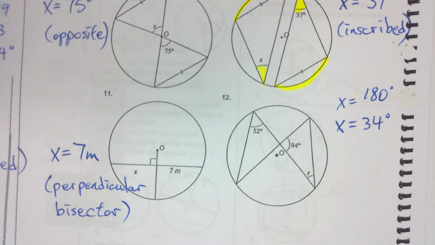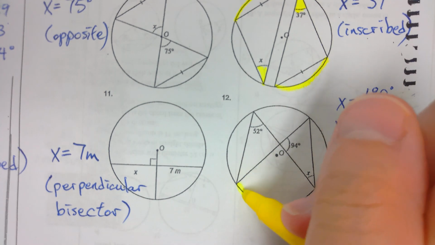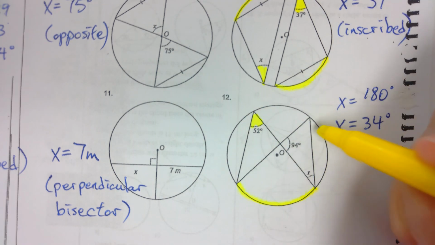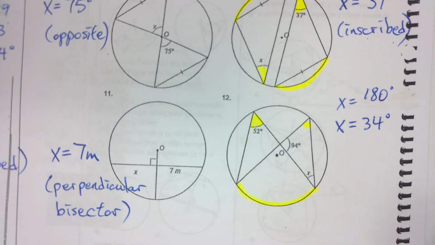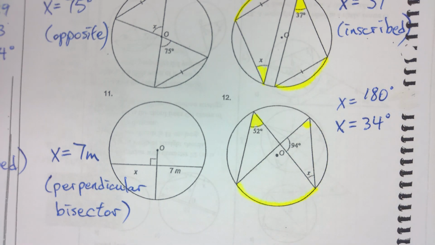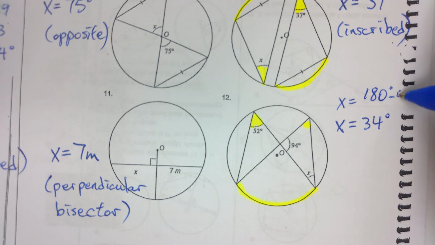This is my arc here. If you take a look at this arc, this is my inscribed angle 52. That means this angle right here is also 52. So 52 and 94, that's how you can figure out what X is. So 180 minus 52 minus 94, and you'll get 34.